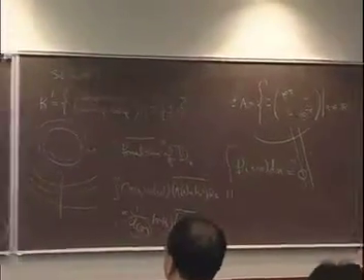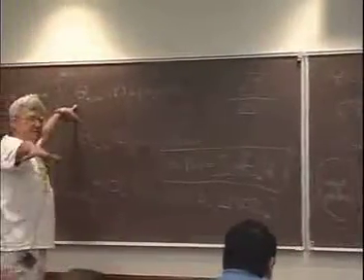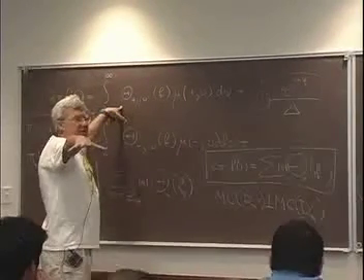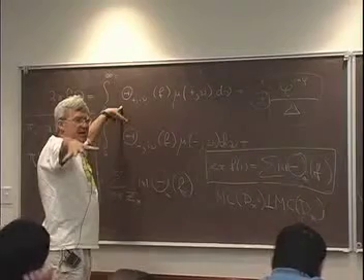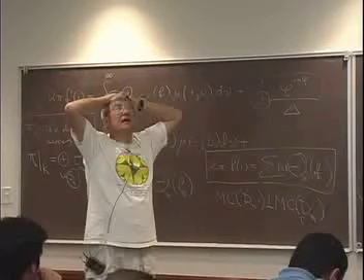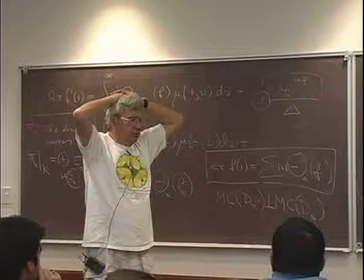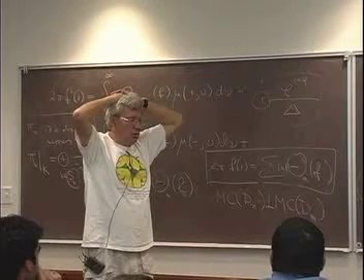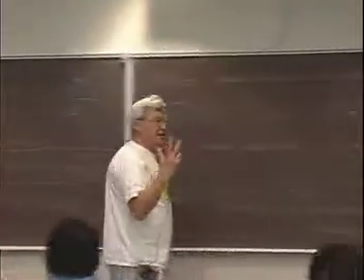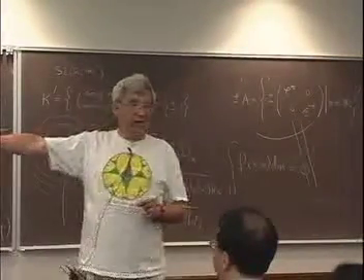For example, there must be representations such that you take two discrete series, n and minus n.